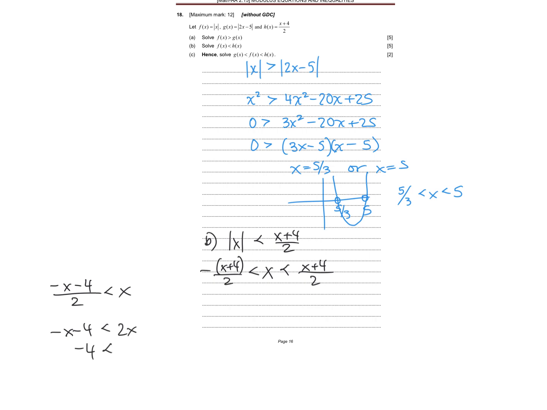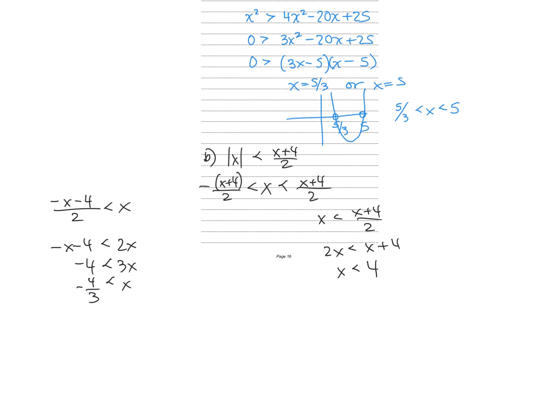Add x. So x is greater than -4/3, and on this side, x less than x plus 4 over 2, multiply by 2, doesn't change the inequality, subtract x.